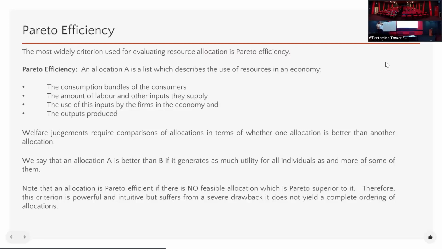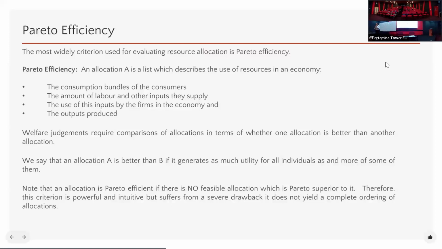Okay. So an allocation A is a list which describes the use of resources in an economy, the consumption bundles, the amount of labor, the use of inputs. So in other words, it's general equilibrium. What I'm saying with Pareto is that the marginal rates of substitution for all individuals i are equal for everybody, okay?